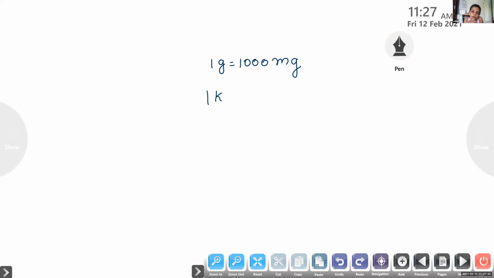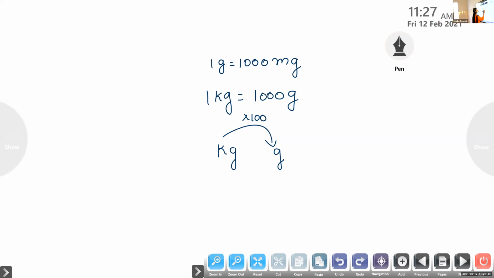Like that, 1 kilogram equal to 1000 gram. So to convert from kilogram to gram, just multiply by 1000. Like that, to convert from gram to milligram, just multiply by 1000.